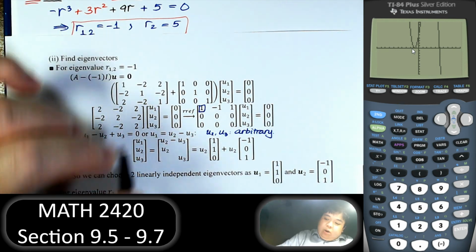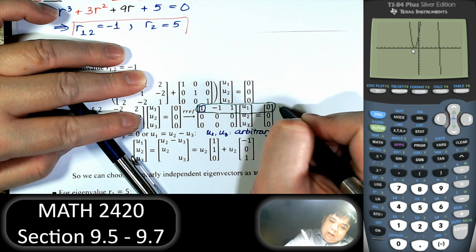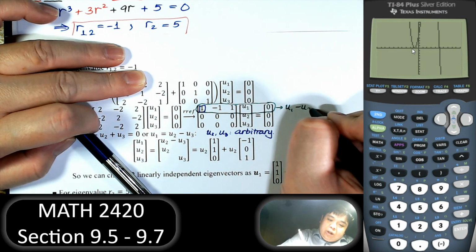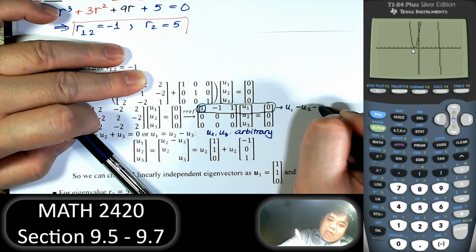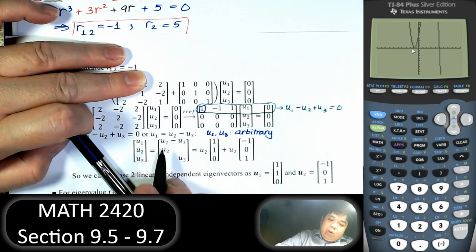And the top equation gives us what? u1 minus u2 plus u3 equal to 0, which we solve for u1.